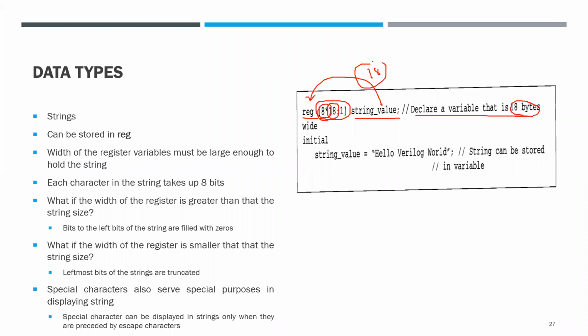So I have 18 elements, or 18 bytes, specified over there. Each is 8 bits, and they are 18 in number. So we declare a variable that is 18 bytes wide, as specified here.